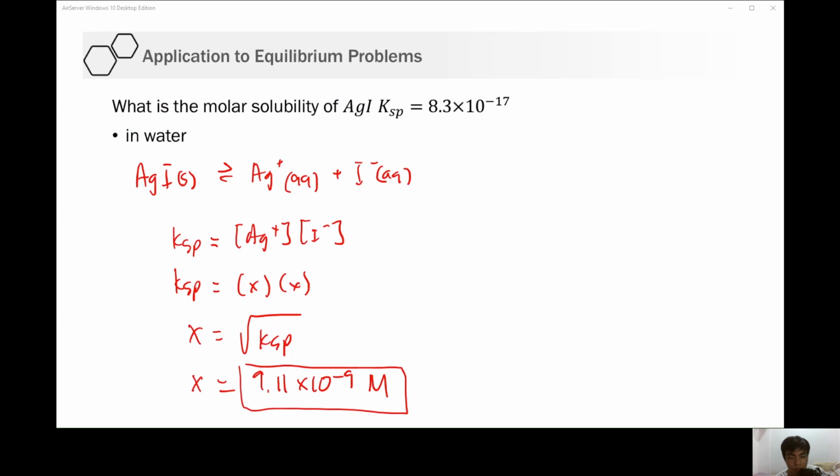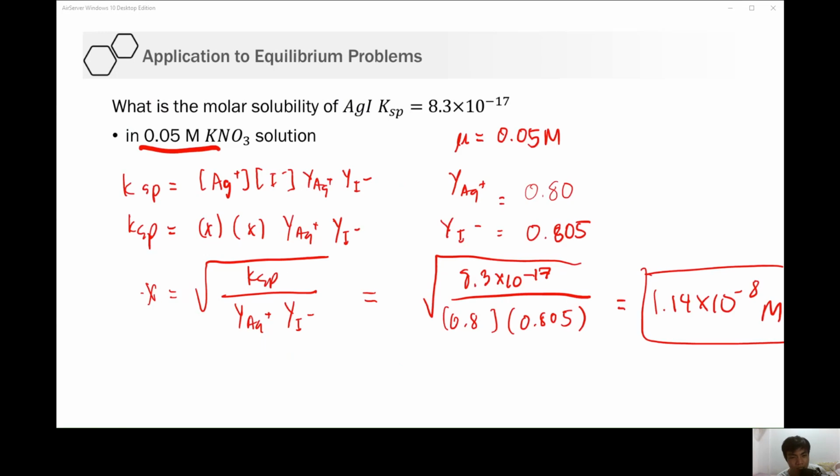In water, the solubility is 9 times 10 raised to -9, but in diverse ion solution, the solubility is 1.14 times 10 raised to -8. This is clear evidence that diverse ions do increase the solubility of our salts when added to a solution.